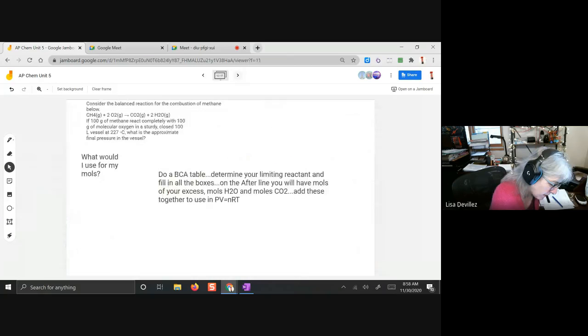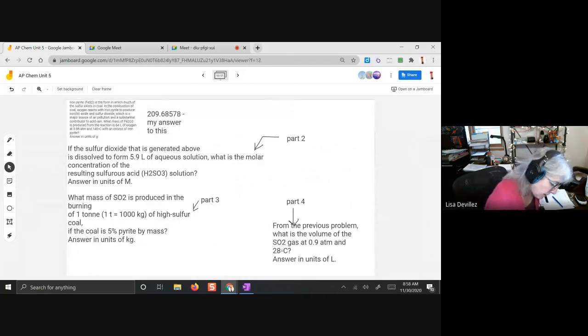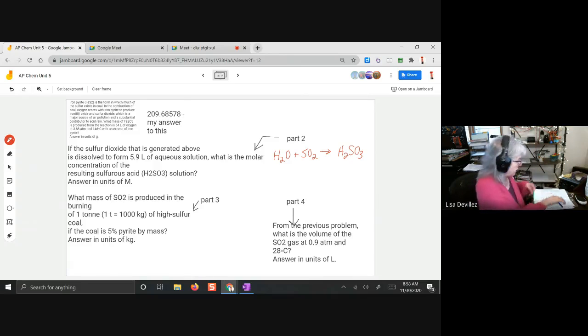Okay, so let me go back then. Everything is 1-to-1. So if we write out the reaction for part 2, we're putting water with SO2 and making H2SO3.